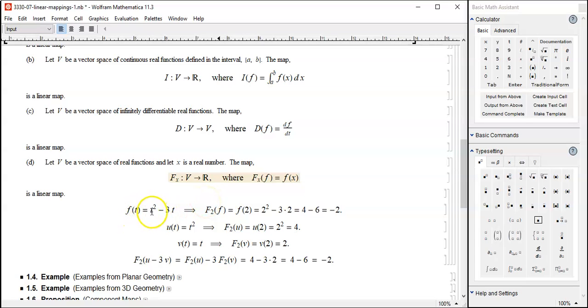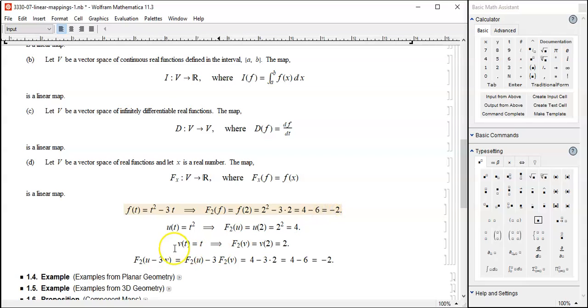And then f of t is t squared minus 3t. F2 of f, just plug in t equals 2 here. So t squared minus 3t, plug in t equals 2 and do the computation, we get negative 2. So this capital F of 2 is sending this function, small f, to negative 2.